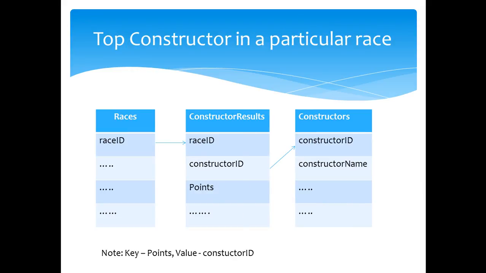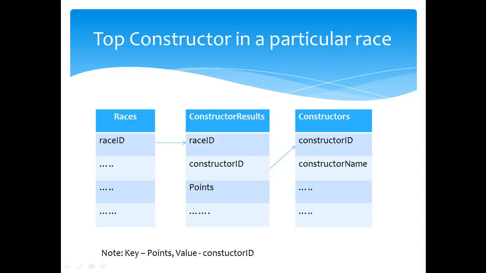In the same way, we find the top constructor in a particular race. We get the race ID from races, and from constructor results we get the race ID, constructor ID and points, and from constructors we get the constructor ID and constructor name. With points as the key, we get the constructor ID as the value.